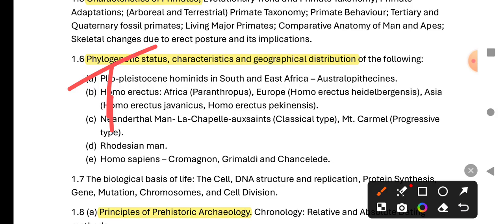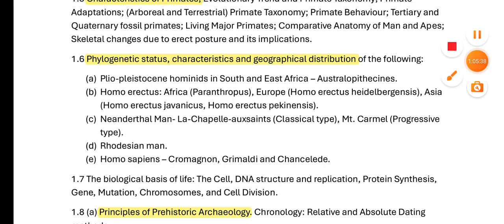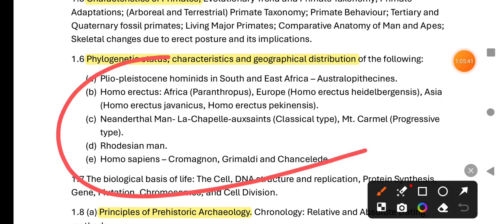And we will see the evolutionary status of Australopithecus in the next lecture. So this is the first part of physical anthropology, in which we will study the fossil evidences of various Homo sapiens ancestors, as well as ultimate man.